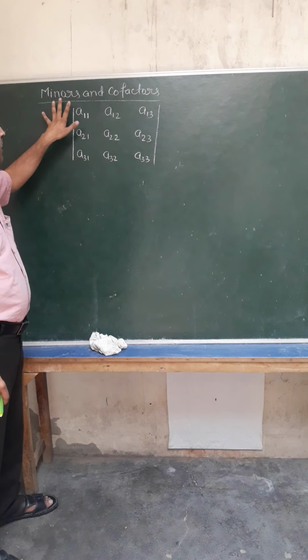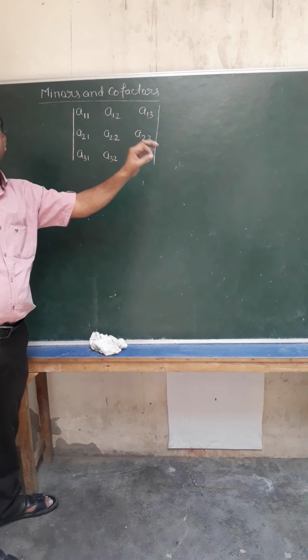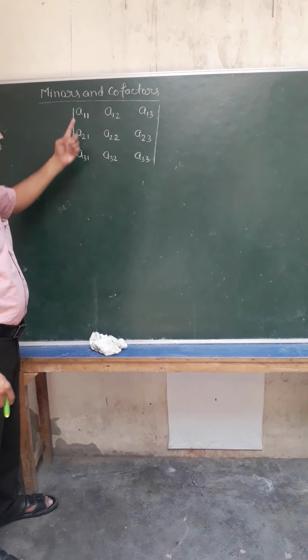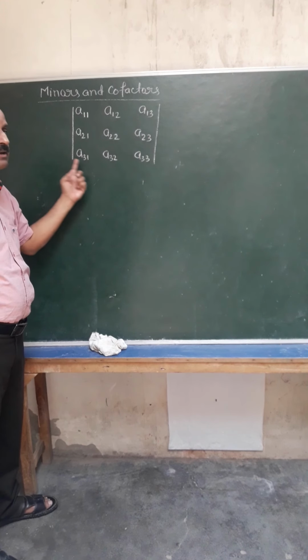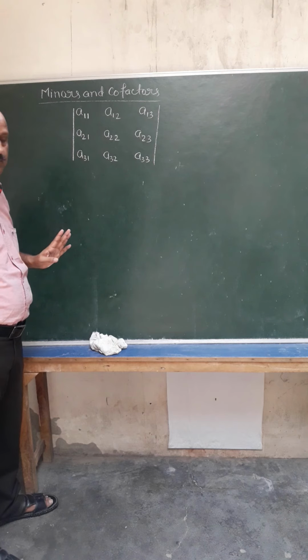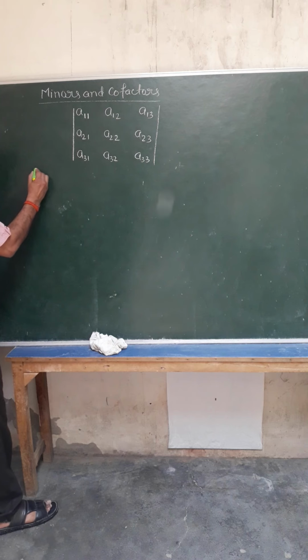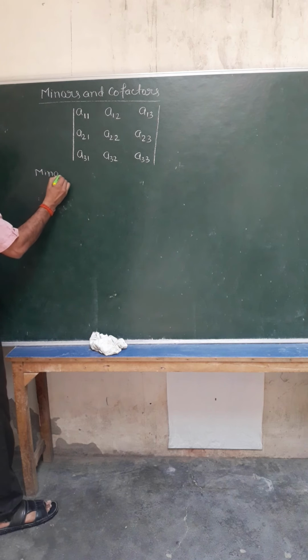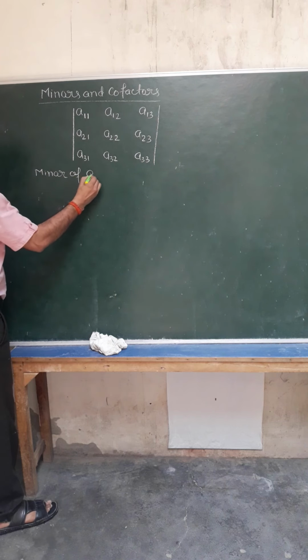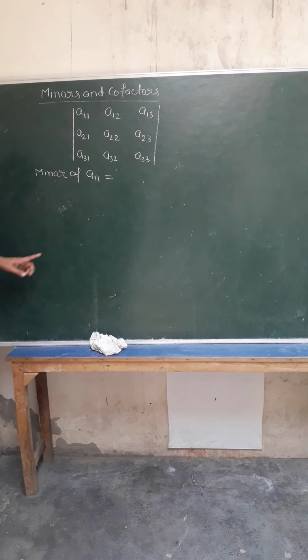We can find the minor and cofactor of each and every element of the determinant. There are 9 elements, and we can find the cofactor of each and the minor of each. First, I will find the minor of A11. For A11, hide the first row and first column.